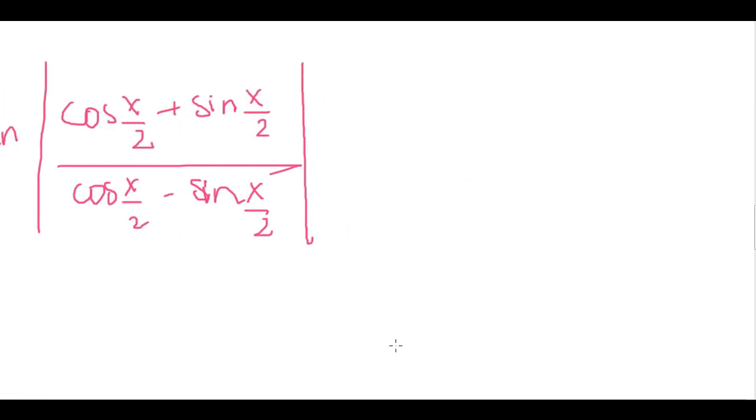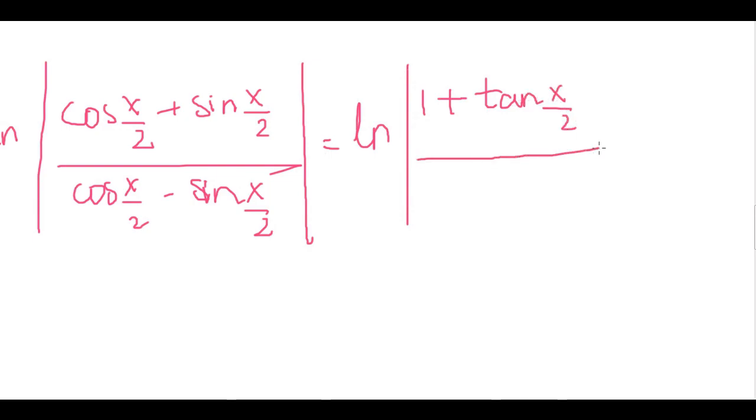So we can further simplify this: if I divide by cos x by 2, we have 1 plus tan x by 2 by 1 minus tan x by 2.